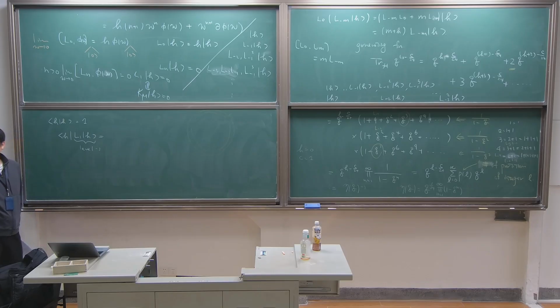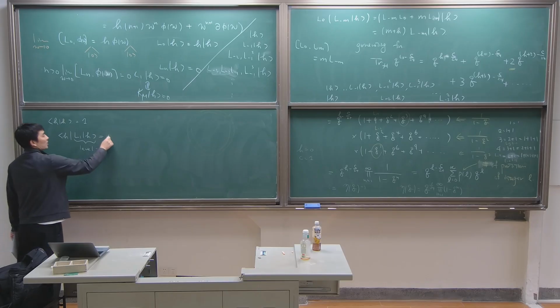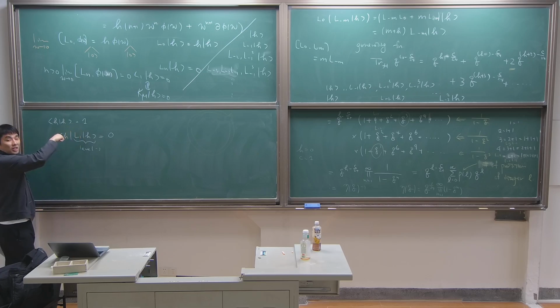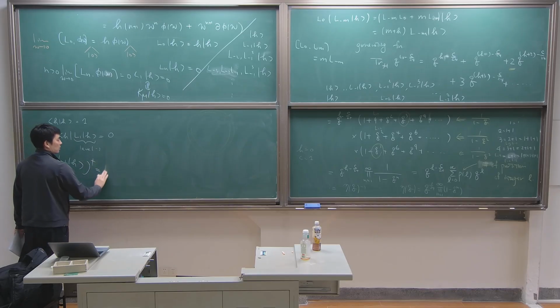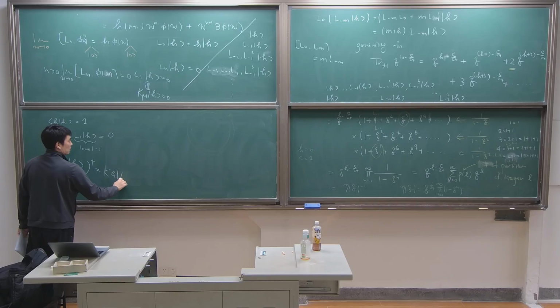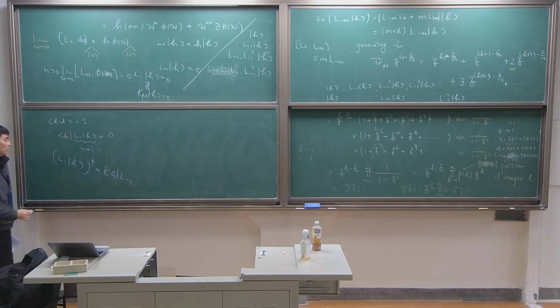Okay, somebody mentioned already. This is 0 because L1 acting on H is 0. L minus 1 acting on the left is just L1 on H, diagonal. Okay, and this is 0. Okay, this is 0.